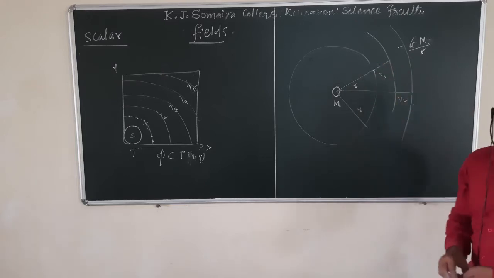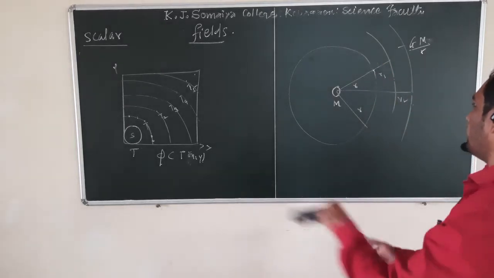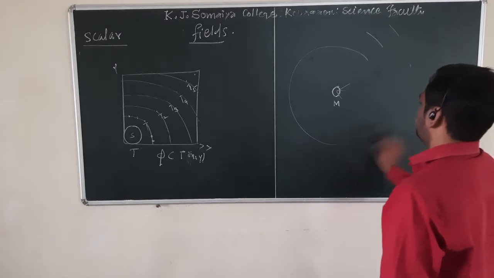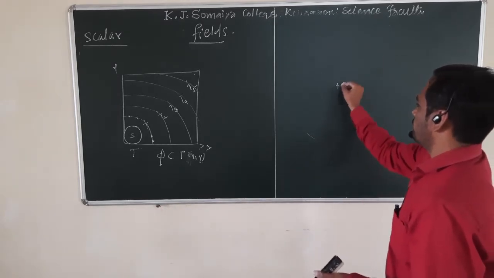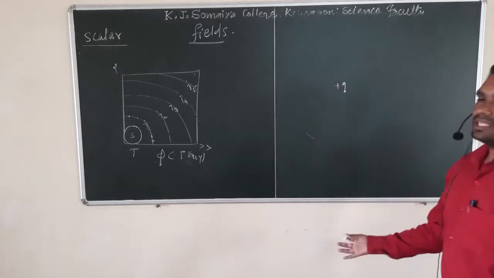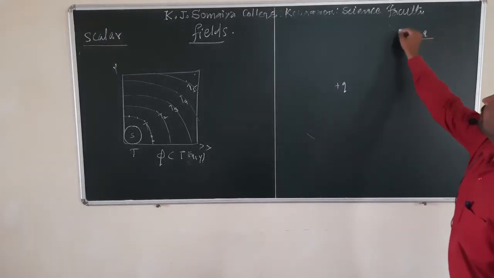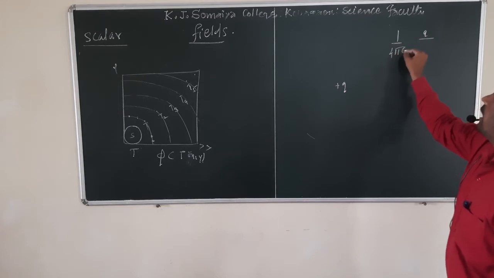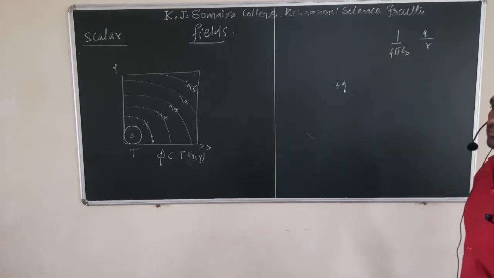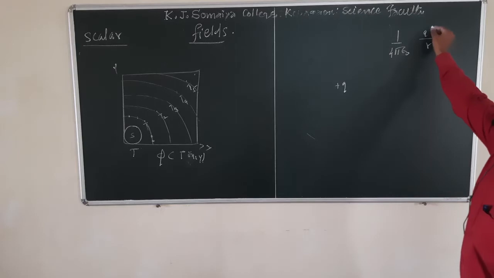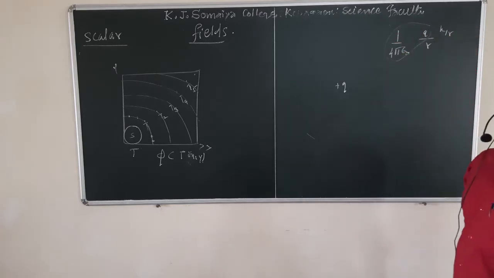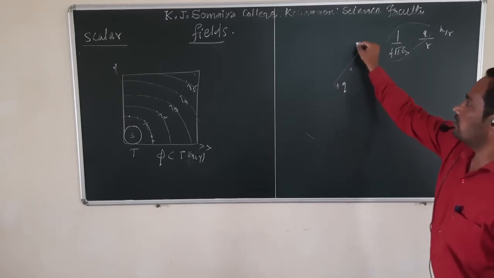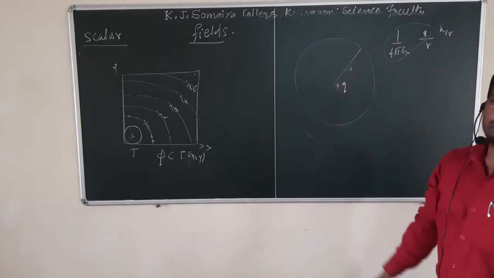Instead of mass, suppose you have a charge plus q. We know that the potential of that charge is 1 upon 4 pi epsilon naught times q upon r. Again, this is a constant quantity and we have k upon r. If you take r, we have a circle.